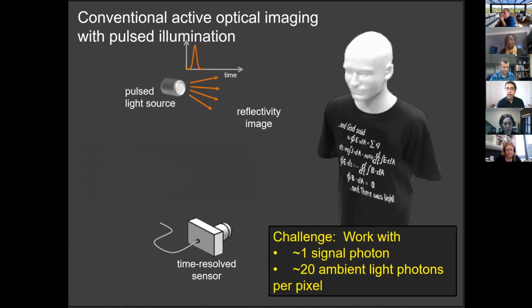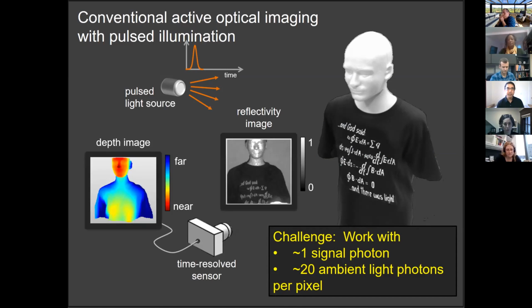And maybe that's buried in around 20 times as much ambient light. Then your problem really requires a lot of interesting modeling, mathematical analysis, and algorithm development to lead you to the computations that you'll make to form depth and reflectivity images.